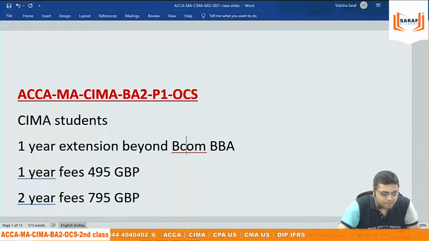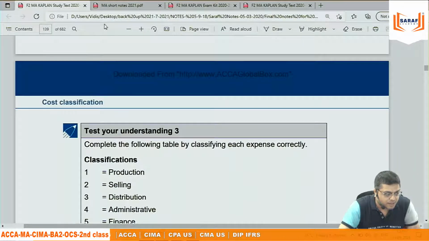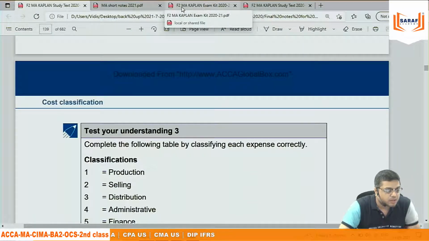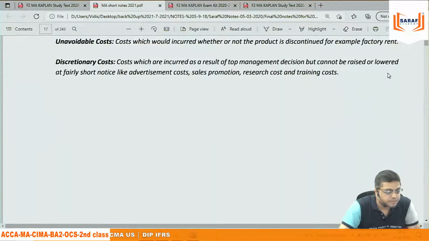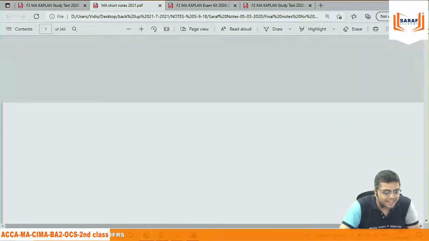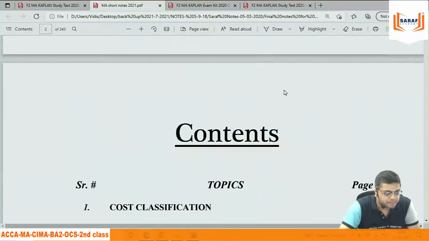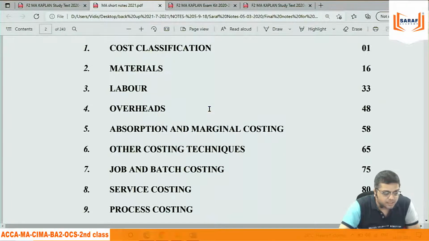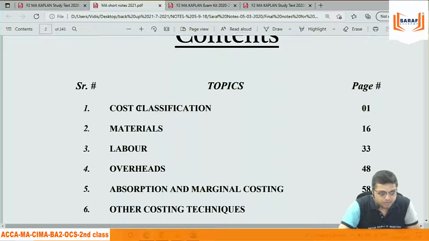When I said in the previous class, suppose I say these are the syllabus areas. In short notes, the first topic is cost classification.